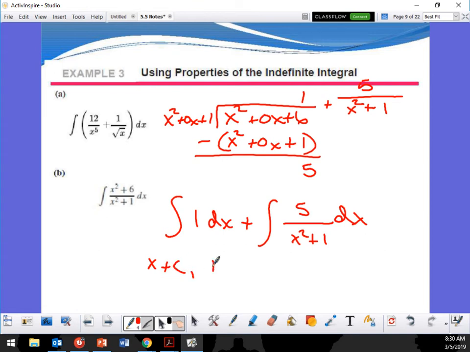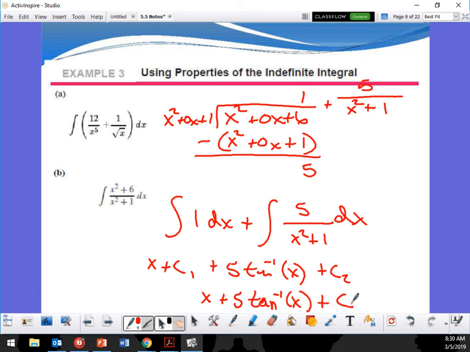Plus 5 times arctangent of x plus c, right? And so together I'm just going to come up with x plus 5 arctangent of x plus c, constant.